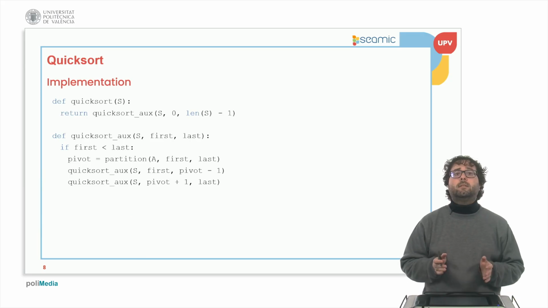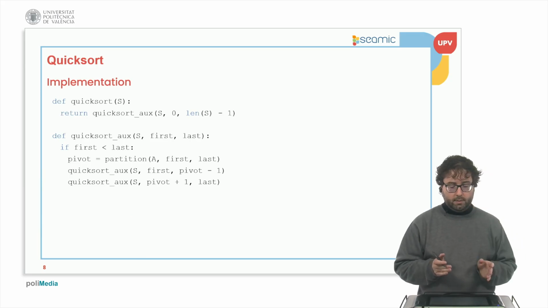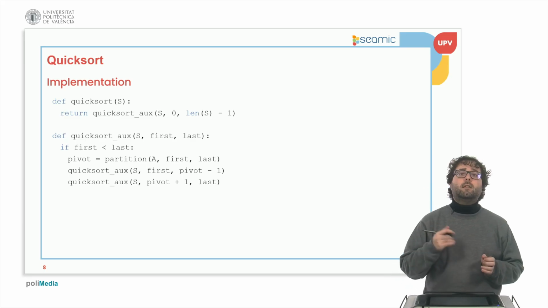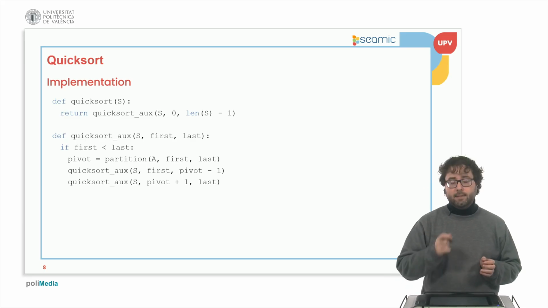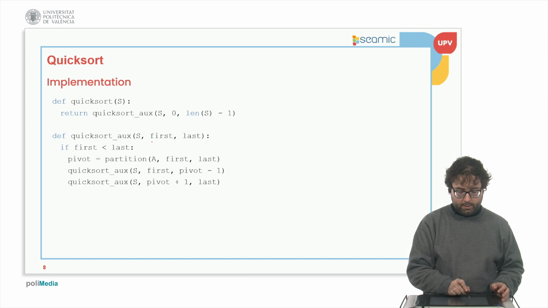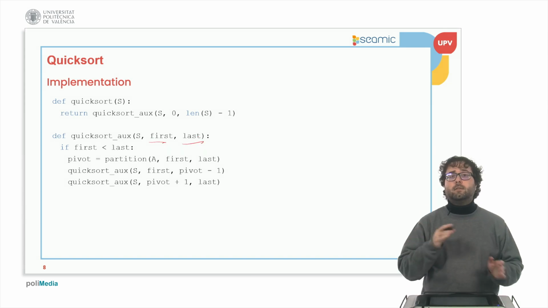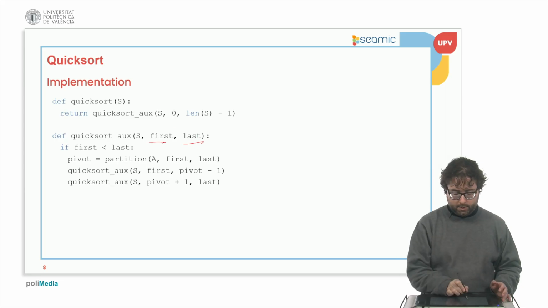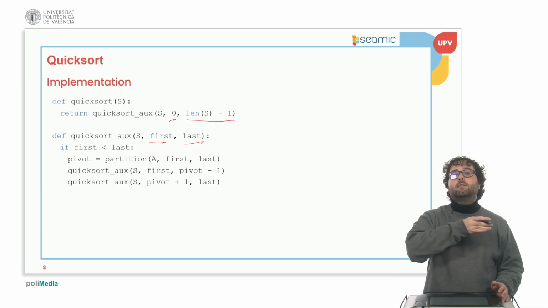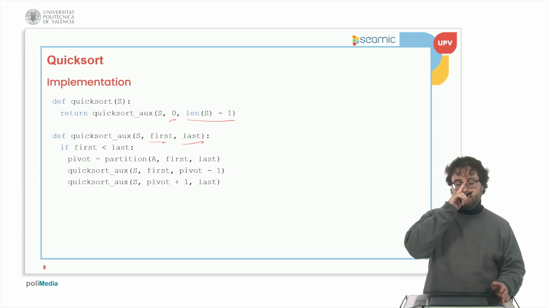How can we implement this? So again, the simple way is using an auxiliary recursive function that takes into account the position of the first and last element of the list, as always, making the first call with the start of the list and the end of the list.